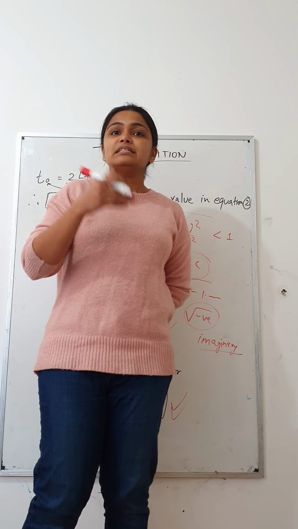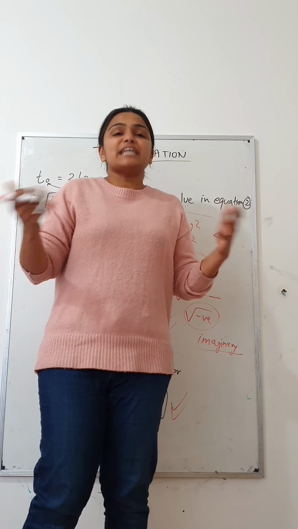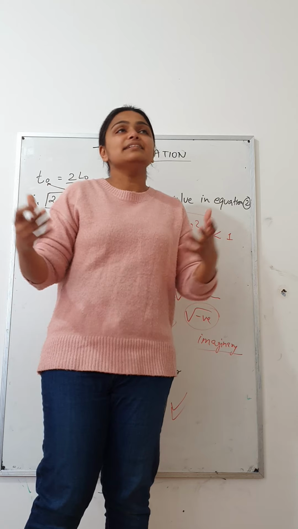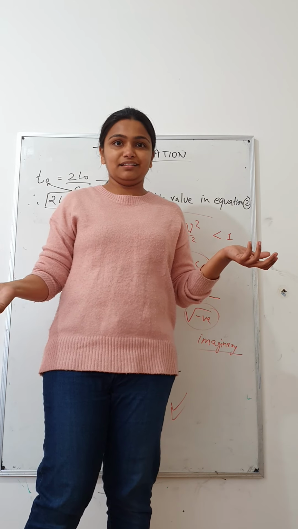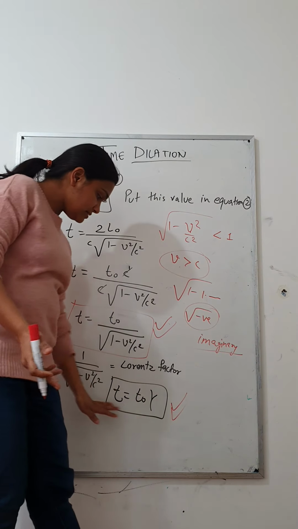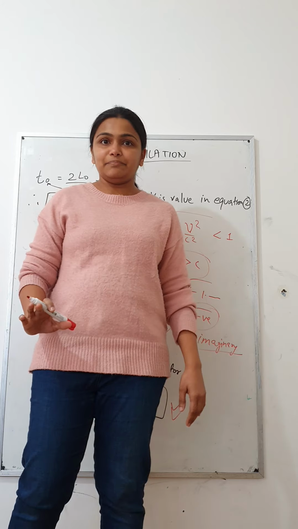Therefore, the maximum speed which can be attained in this universe is the speed of light. That is the speed limit of anything. So this gives us that nothing can travel faster than light.